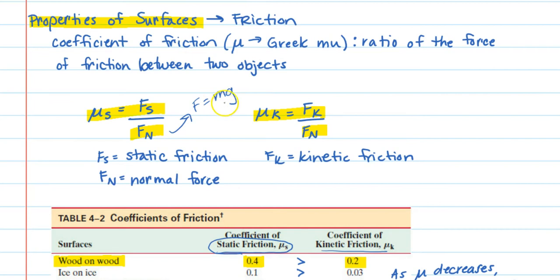So if you're given the mass in kilograms, you can multiply it by the force of gravity to get the normal force. Similar to that, the coefficient of kinetic friction is equal to the force of kinetic friction divided by the normal force. So in this equation, F sub n is still the normal force.